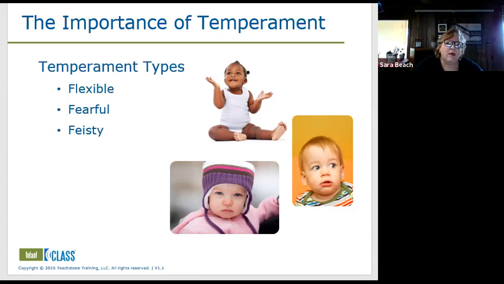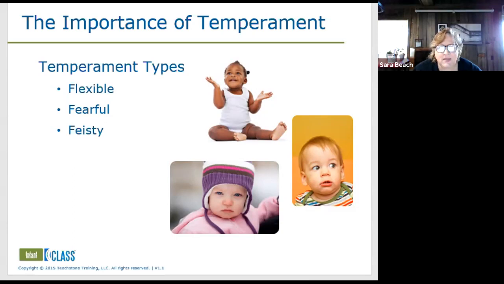Especially for younger, less experienced teachers, I think it's quite common to be drawn to those easy babies, those cheerful all the time babies, and to get really attached to them, right? To love playing with them.